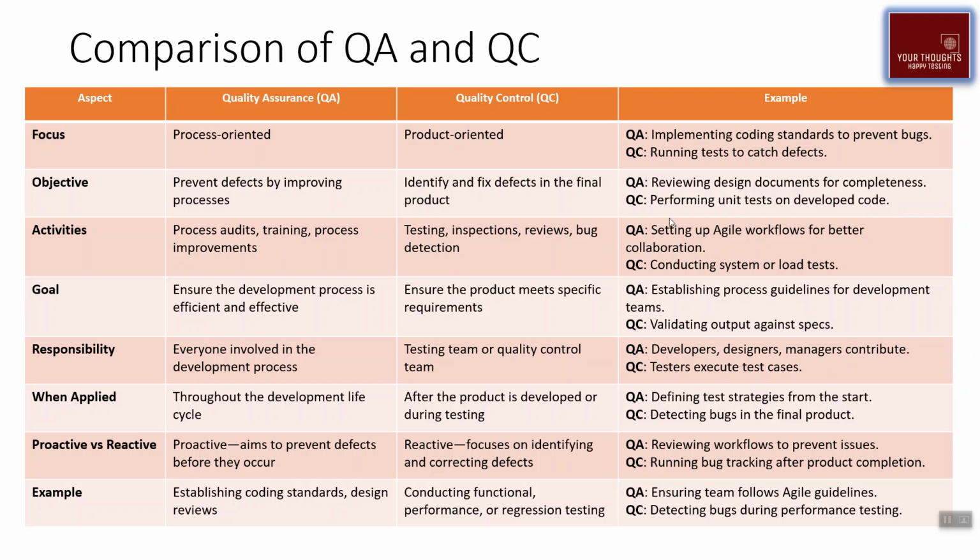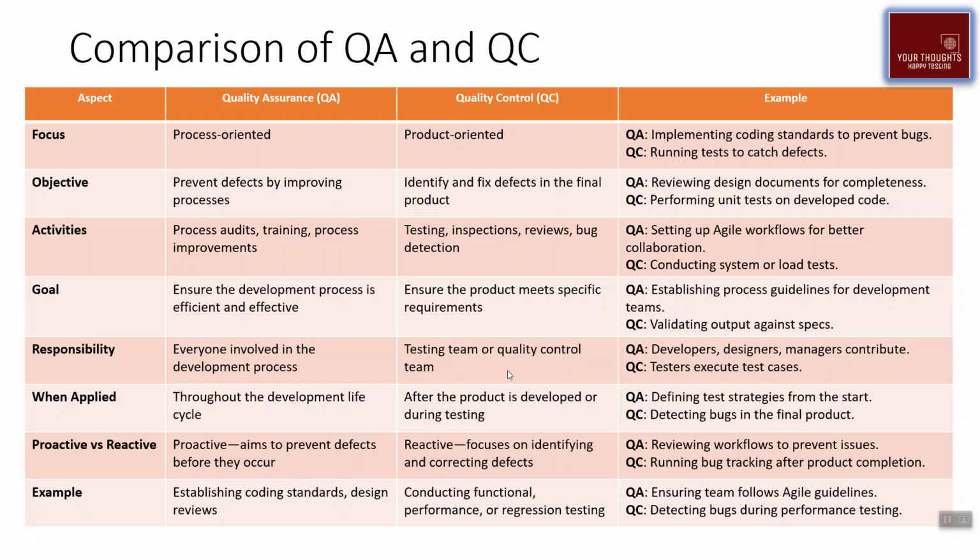In the objective aspect, QA is purely focusing on improving the process, and at the same time the QC side is looking for defects in the product. If we talk about responsibility, everyone involved in the development process is responsible in QA, because anyone can give their feedback to improve the process.